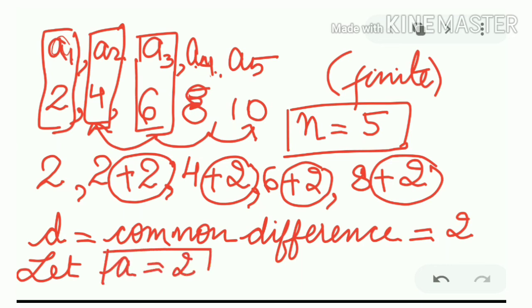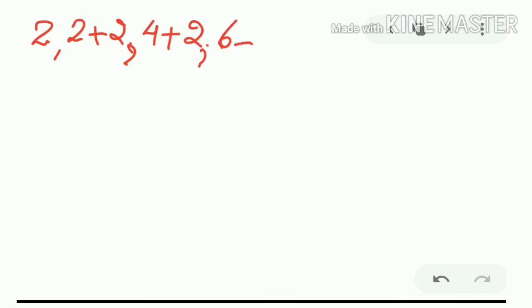So let us suppose that the first value, let A be equal to 2. What is A? A is the first term in the series. And what is the next term? As you have seen, again I am writing 2, 2 plus 2, 4 plus 2, 6 plus 2, and 8 plus 2.